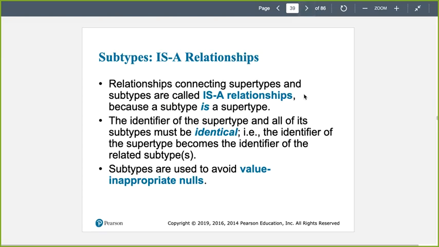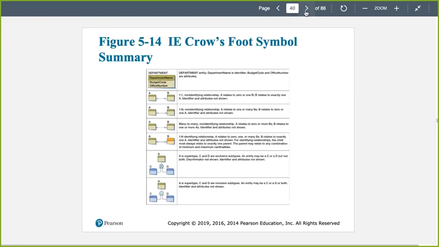But the other important relationship is called the ISA relationship, or the IS-A relationship. Whenever you try to build a relationship, you use the verb is a something and see if you can build that relationship. If it's true, then you can build a very strong supertype and subtype relationship.